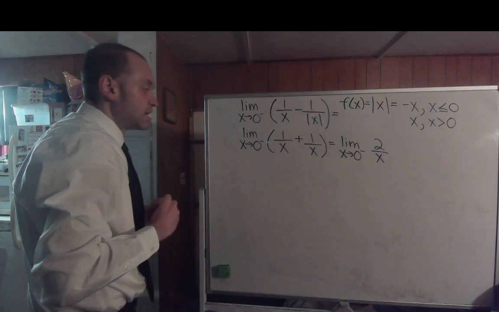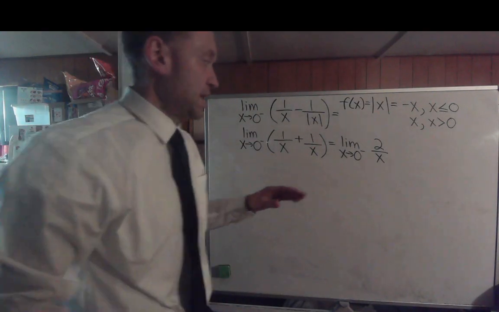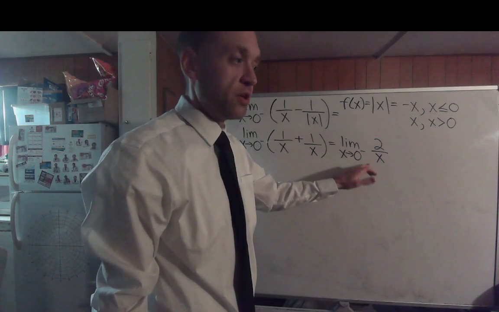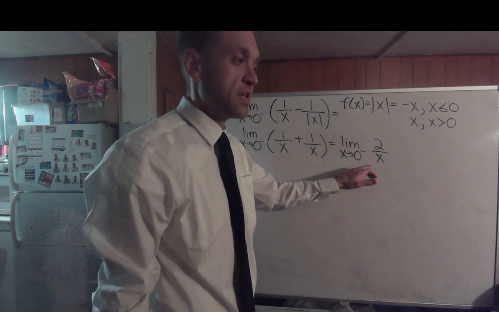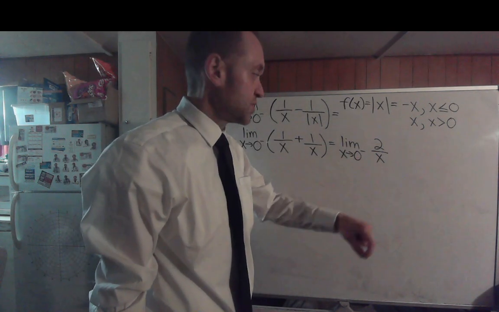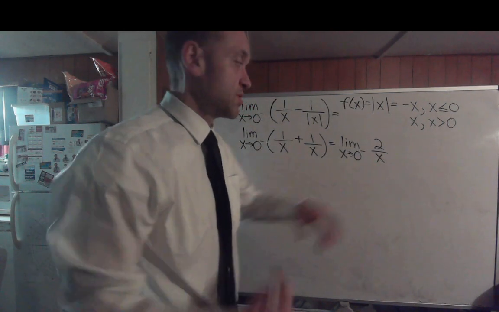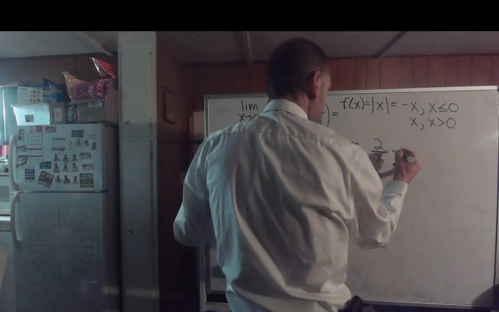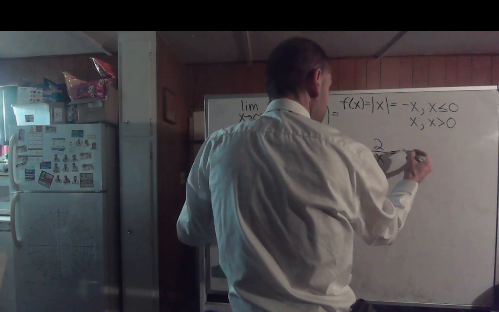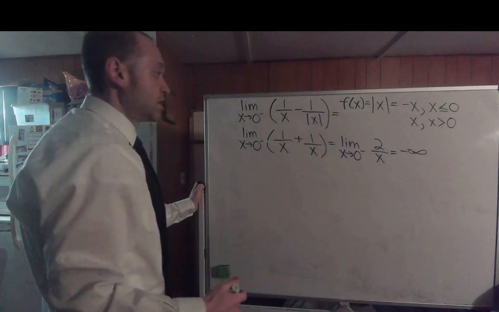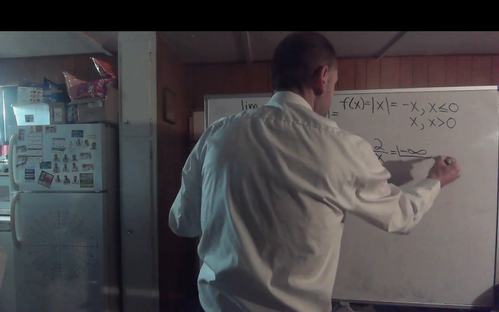Well, here's the thing. If you're inputting numbers closer and closer to 0 from the left, you're going to get closer and closer to negative infinity. So the left-handed limit actually goes to negative infinity. All right, so there's our left-handed limit.